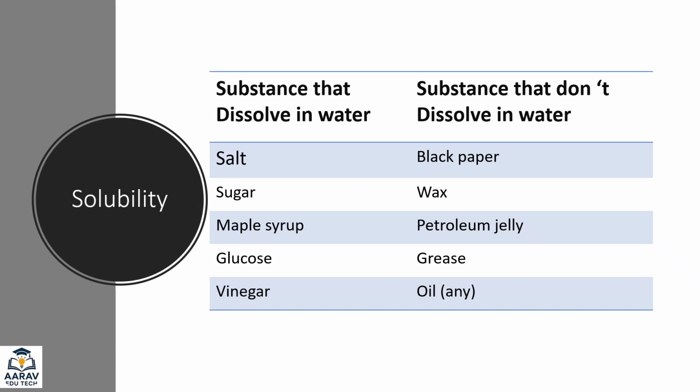Some substances dissolve in water, while others don't. Substances like salt, sugar, maple syrup, glucose, and vinegar dissolve easily in water, but substances like black pepper, wax, petroleum jelly, grease, and oil do not dissolve.